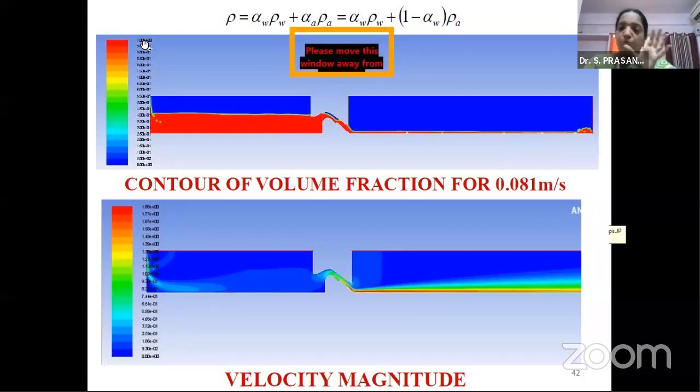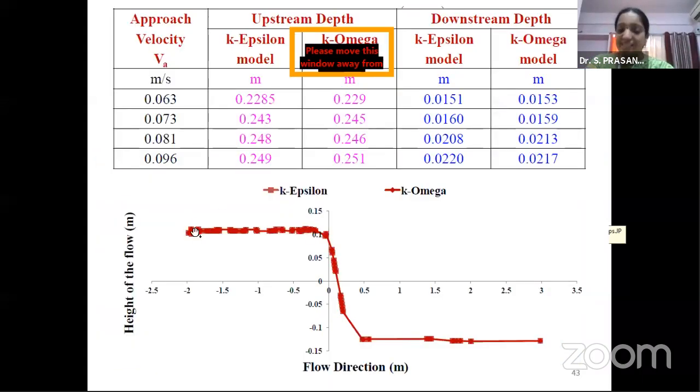Using those volume fractions of your own interest, you can get this type of graph, and also you will be able to estimate the height on the upstream, the flow that is taking place over the crest of the spillway, and also on the downstream side of the spillway. So these are the results which we have obtained by using the macro run and by two different models, and these are the upstream and downstream values.